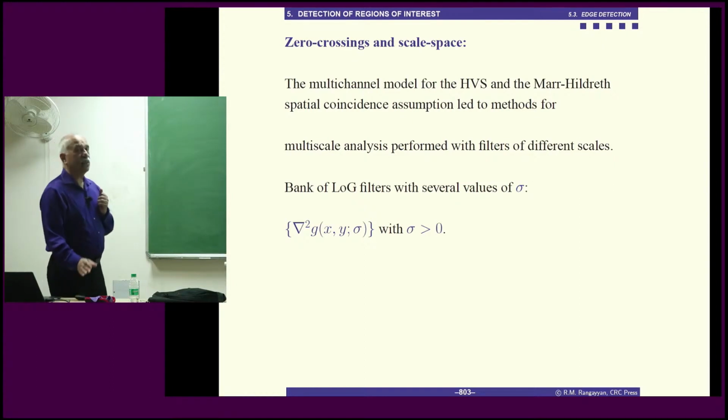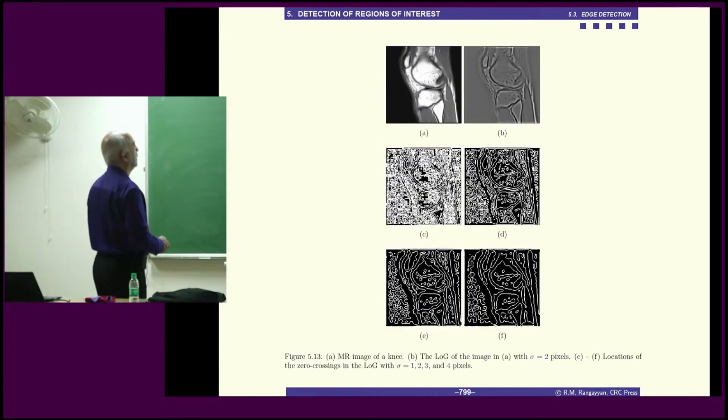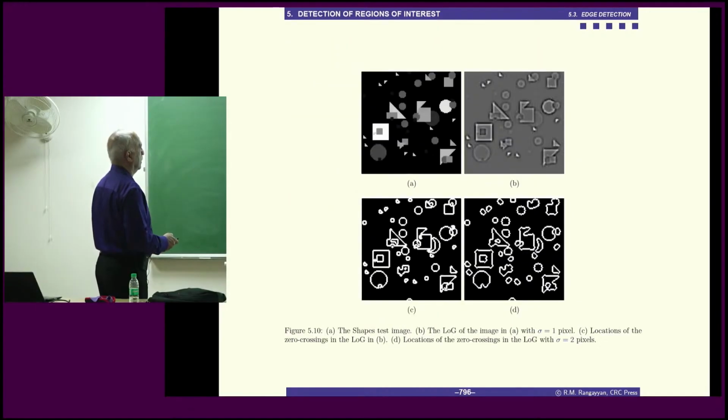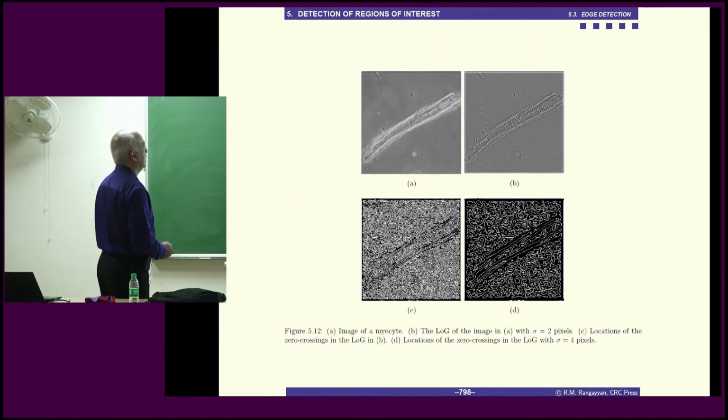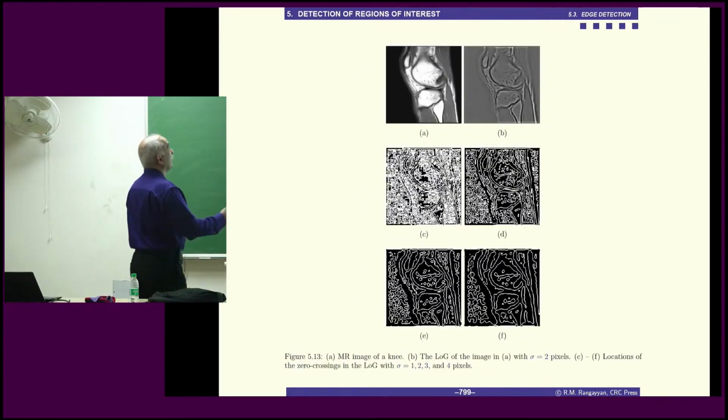So you detect zero crossings at every scale. I showed you, I'll go back. Where did I have 1, 2, 3, 4 here? Sigma equal to 1, 2, 3, 4.